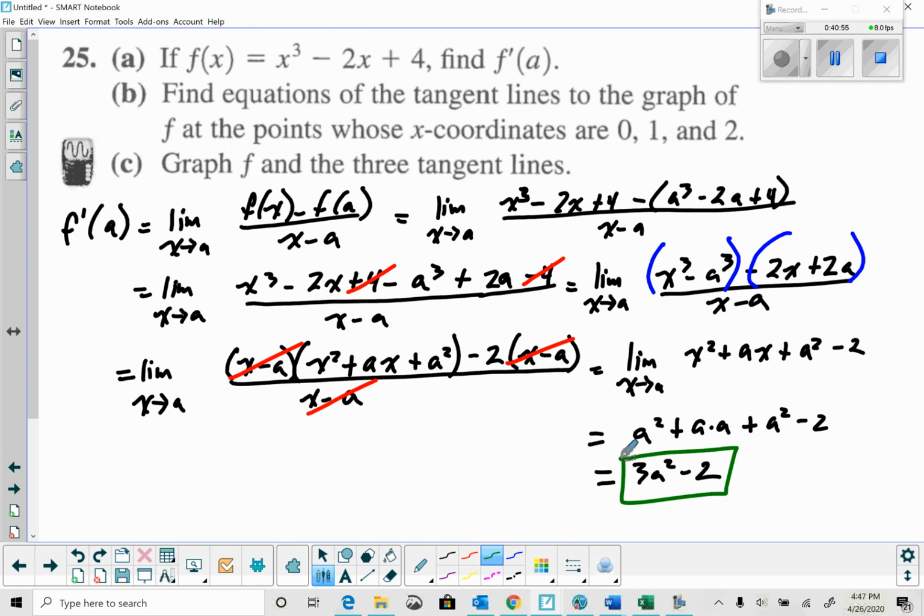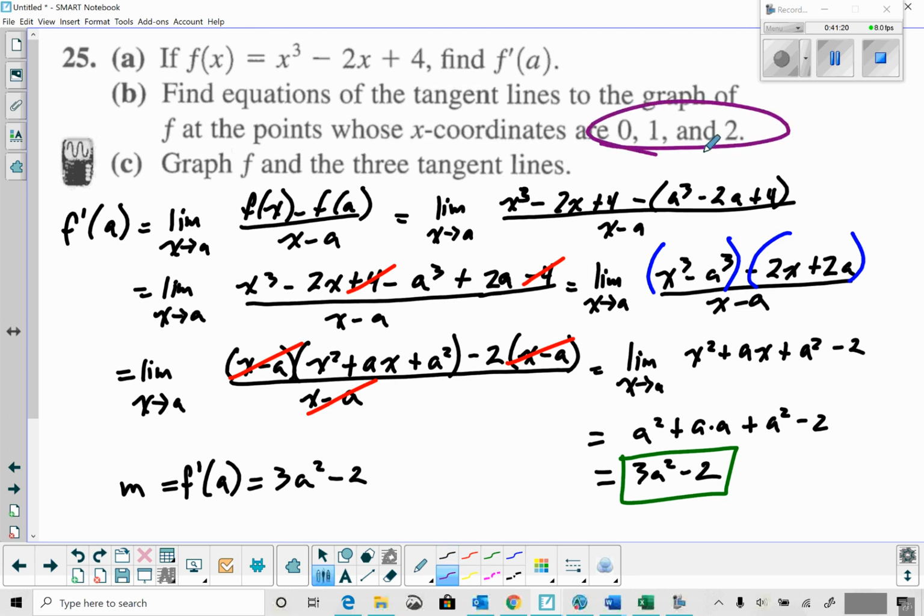Well, what we have here in green, this f prime of a is equal to 3a squared minus 2. That is connected with what we had earlier. That's going to give us the slope of the tangent lines at any value of a, including the 3 that they're asking for here.